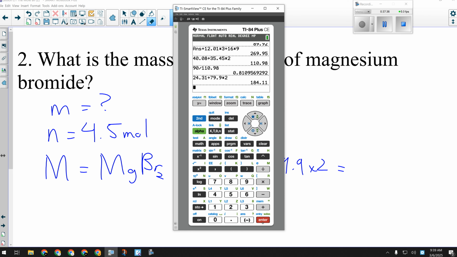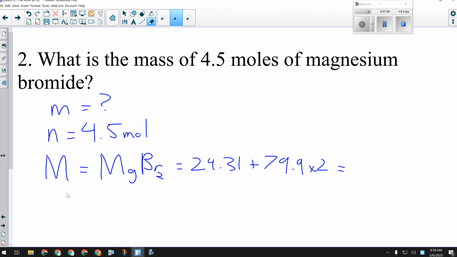All right, 184.11 grams per mole. Okay, I have n, and I have big M, and I'm looking for little m. 1 mark for that. Okay, is this the formula I would use?